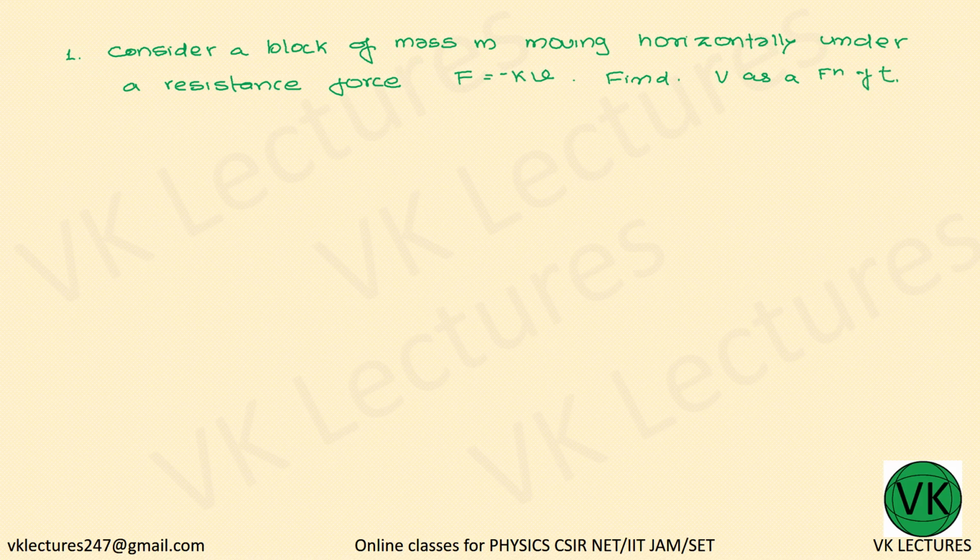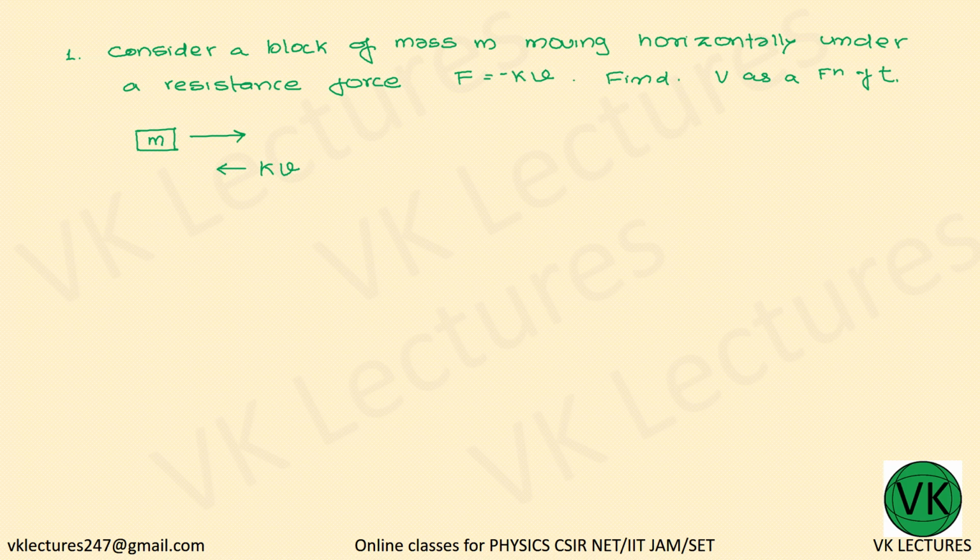Now, according to the question, here we have a block of mass m moving horizontally, and as it moves horizontally there is a backward force which is equal to k times v. This minus sign indicates it is in the opposite direction, that means opposite direction with respect to the velocity of the block.